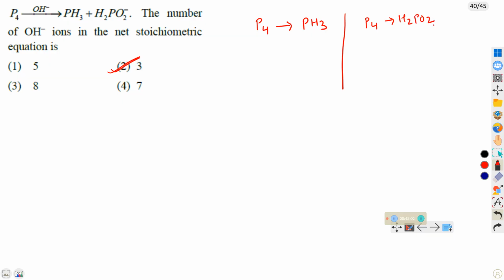After that, you can add the reduction half and oxidation half, then you will get P4 plus 3H2O plus 3 moles of OH minus gives rise to 3 moles of H2PO2 minus plus PH3.